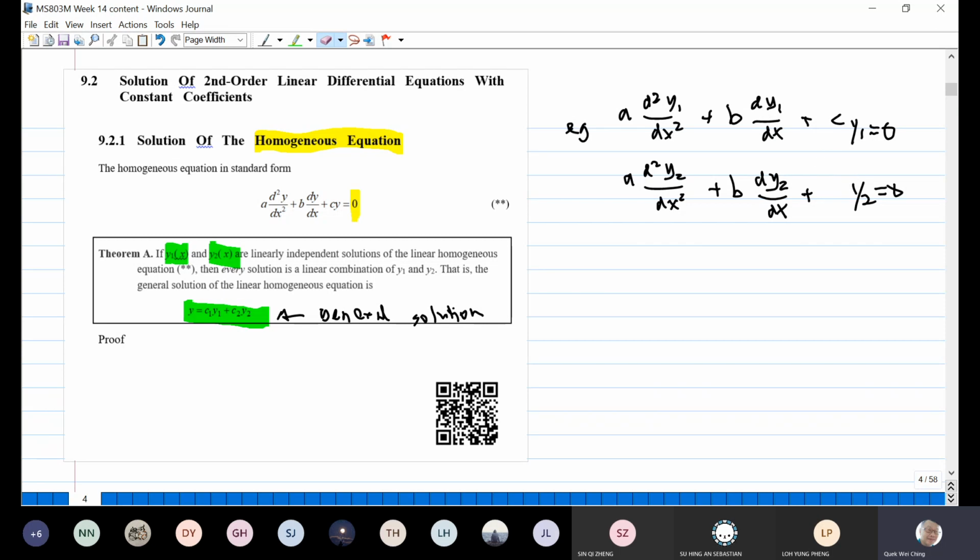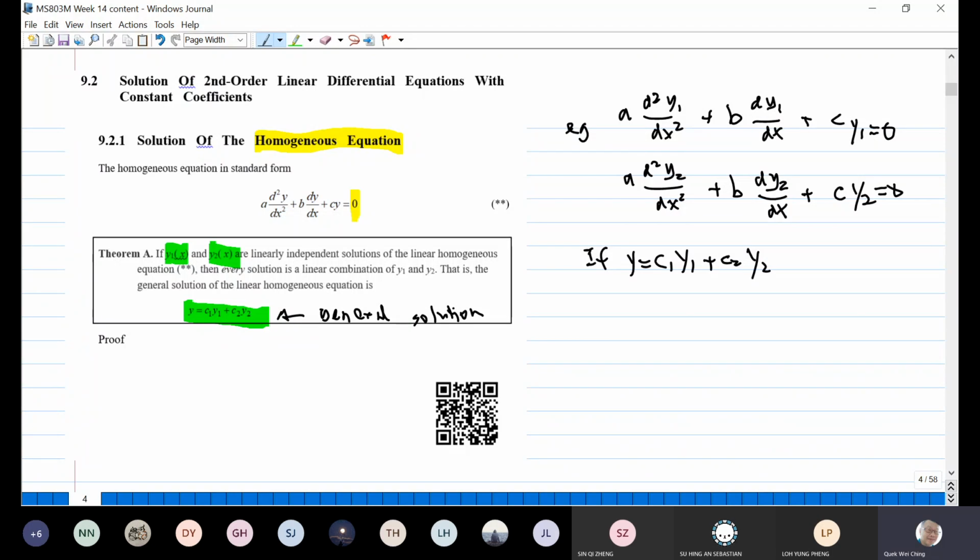Now I want to show you that if you have y equal to a combination c1 y1 and c2 y2, how do you show that this is a solution? Solution means you put it inside the differential equation, and you should get 0.